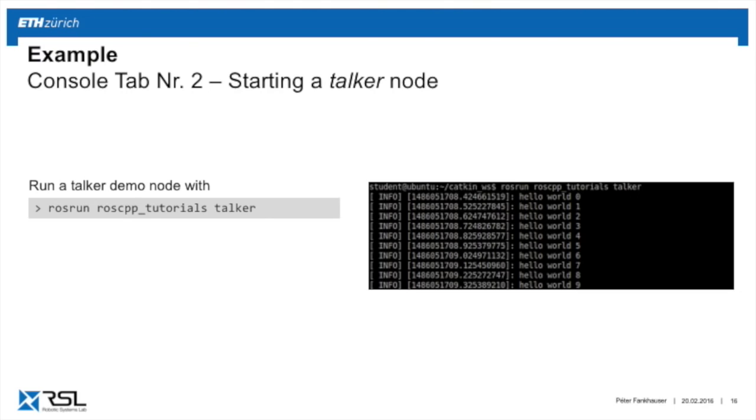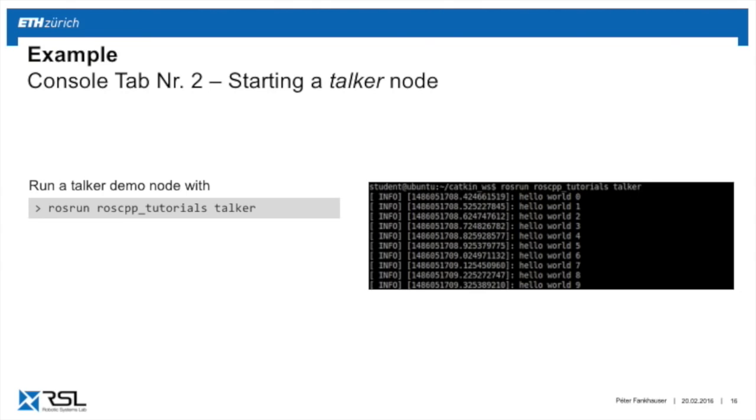You can type in rosrun to start the node, and then roscpp_tutorials, just a package name, and then talker for the node name. Once you are running this node, you should see that the node is running and spitting out hello world 0 with an increasing number. Essentially, this node spits out this message in the console.